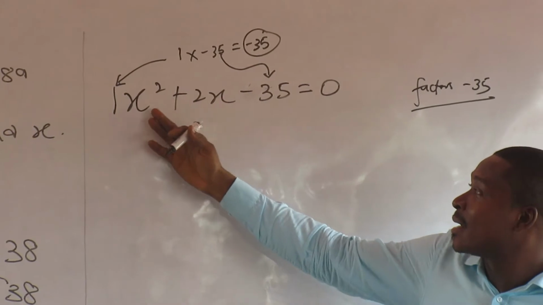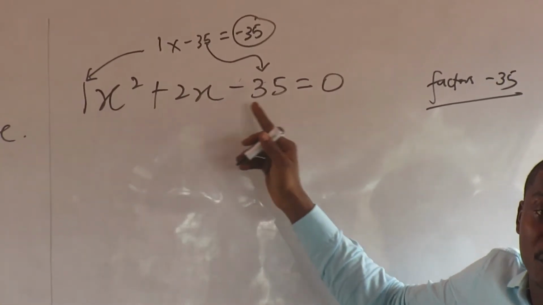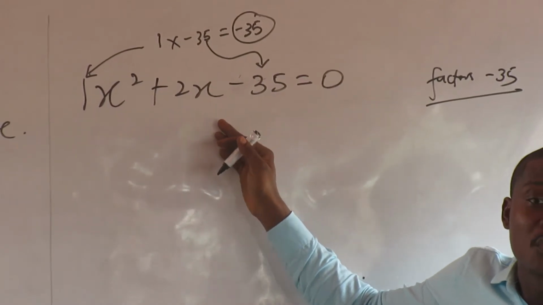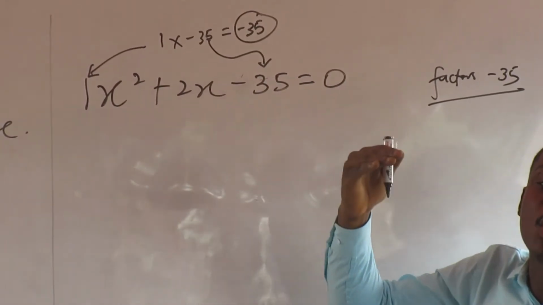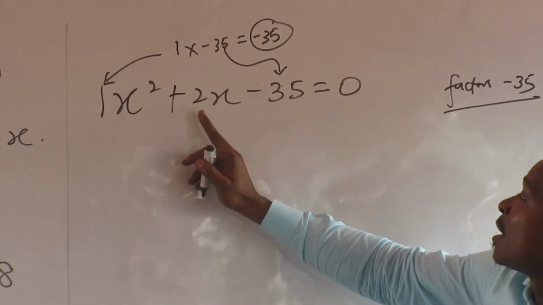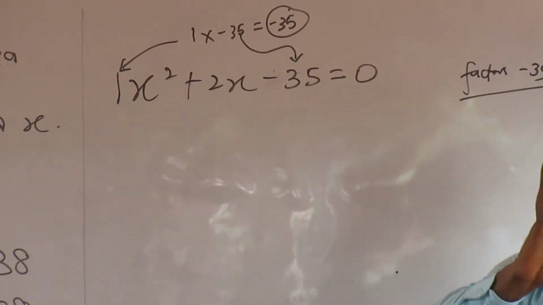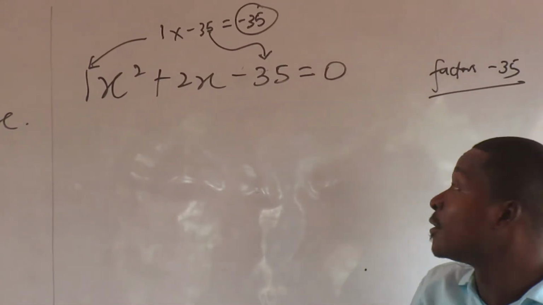Why? It is a 3-term quadratic expression: 1, 2, 3. We can't group, so we need to make it a 4-term. That is why we have to make an assumption based on this middleman. If you are still struggling with this quadratic, check some of our videos, decode quadratic trinomials, and you will understand them well. And let's continue.